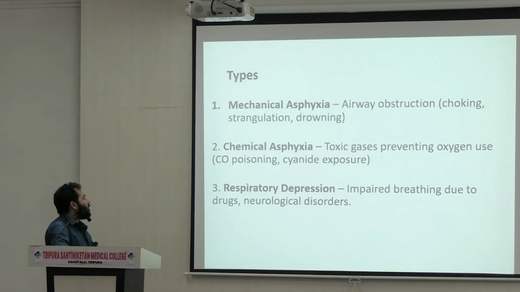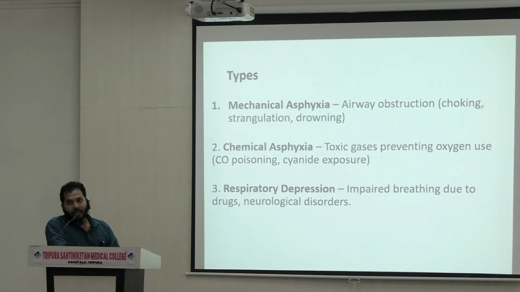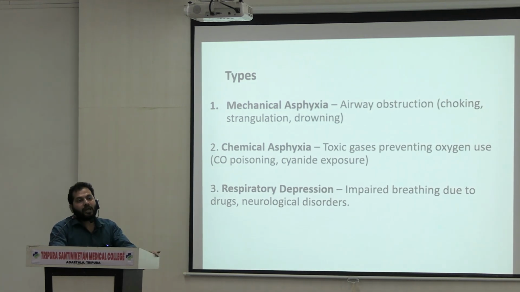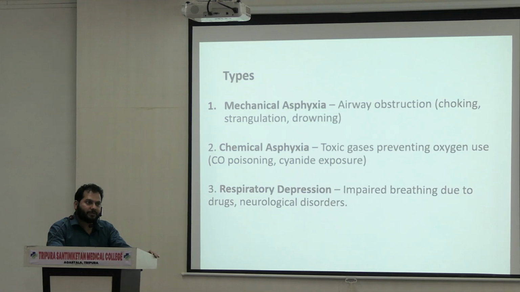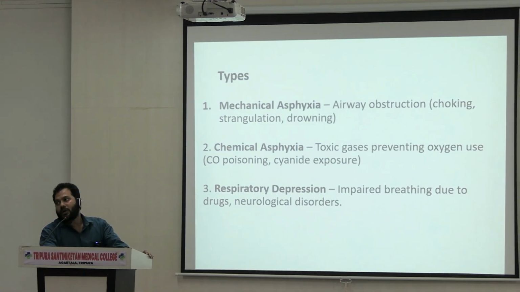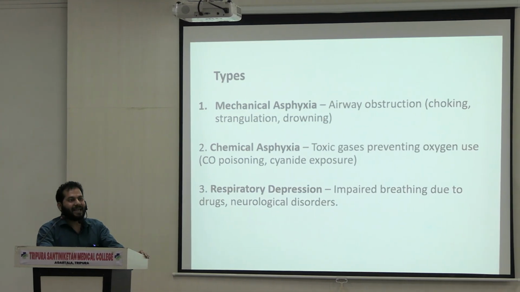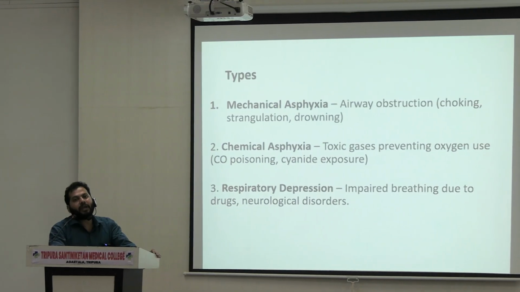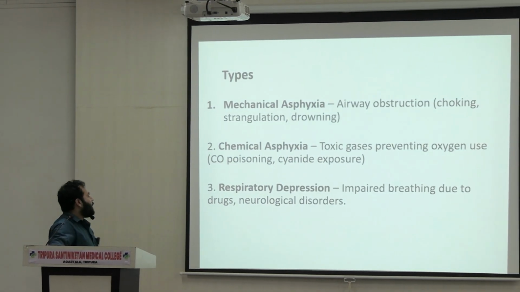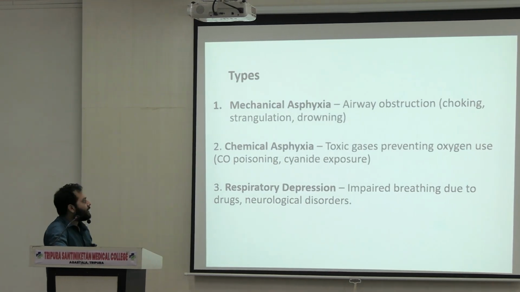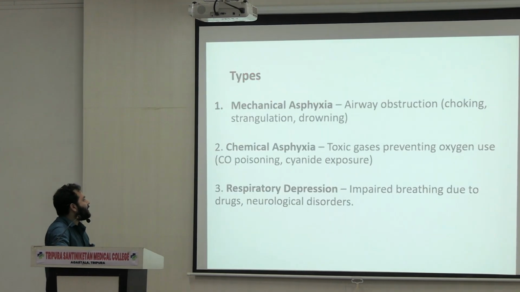So what are the most important features of mechanical asphyxia? Here if you see the patterns, there is a high chance of airway obstruction in mechanical asphyxia. So if there is obstruction in the airway, the air flow or passage of proper air flow may be altered. In case of chemical asphyxia, there are some toxic gases that prevent oxygen use.